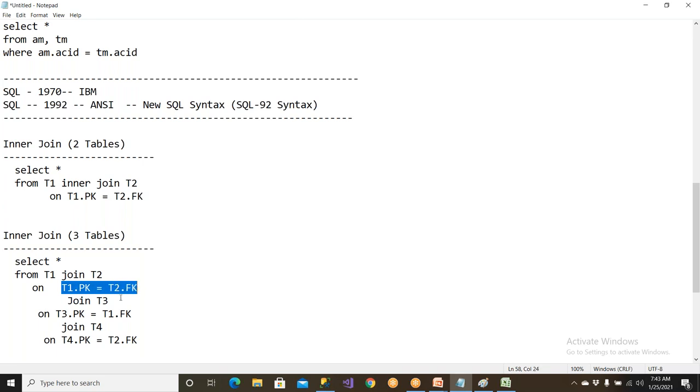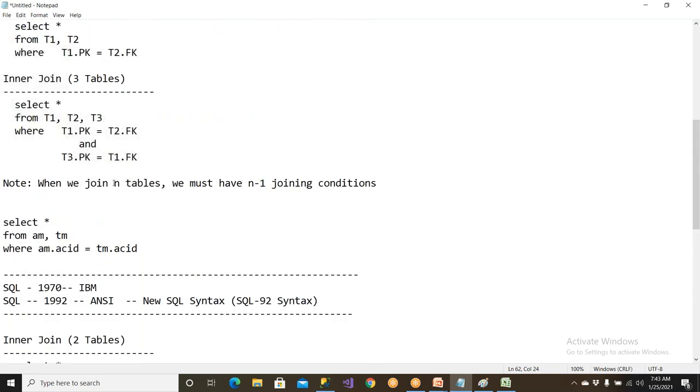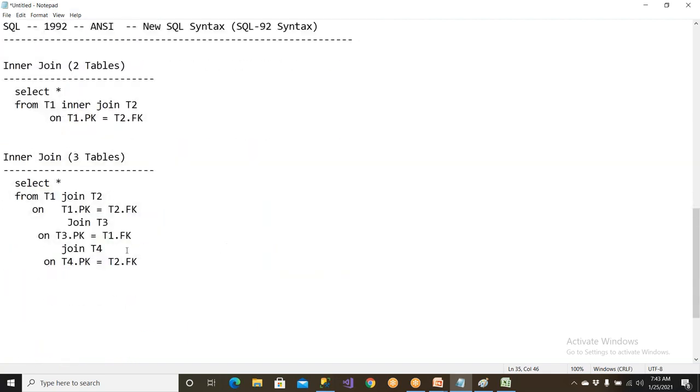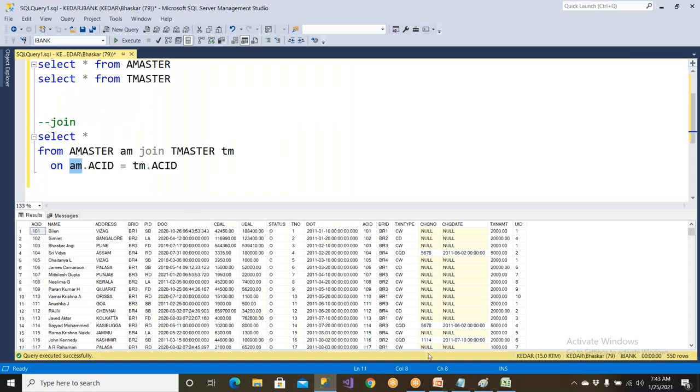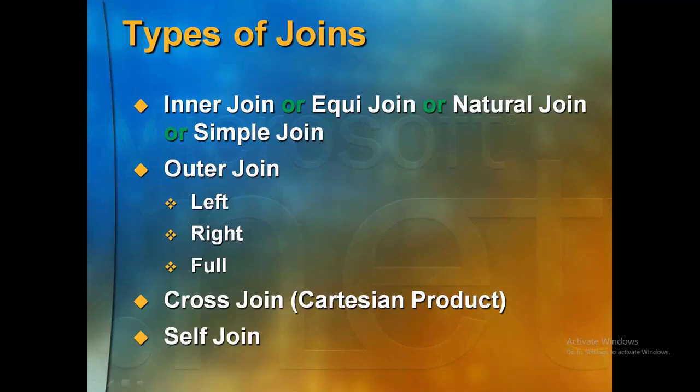This is one condition, this is the second condition, this is the third condition. When we join n tables, we must have n minus 1 joining predicates or joining conditions. Am I clear? If you want to join three tables, this is how you should join.